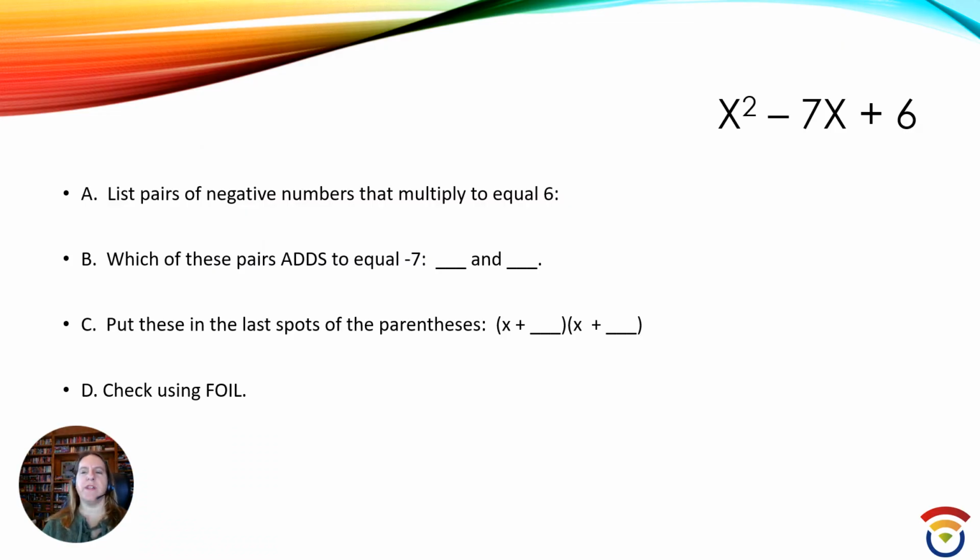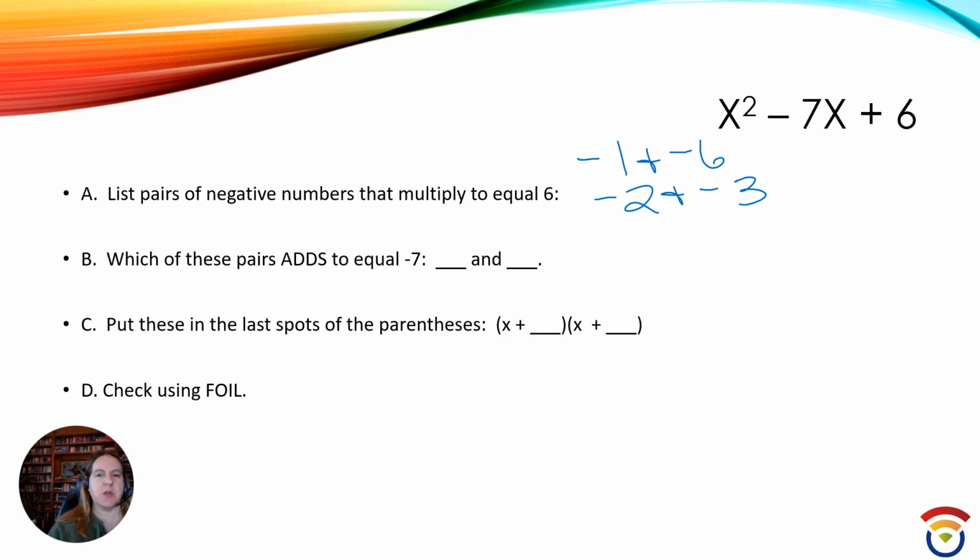On this page, we're going to factor x squared minus 7x plus 6. Since my middle term is negative and my last is positive, I'm going to need to use two negative numbers that multiply to equal 6. So again, we're going to list all of our options. Negative 1 and negative 6 would equal 6. Negative 2 and negative 3 would also equal 6.